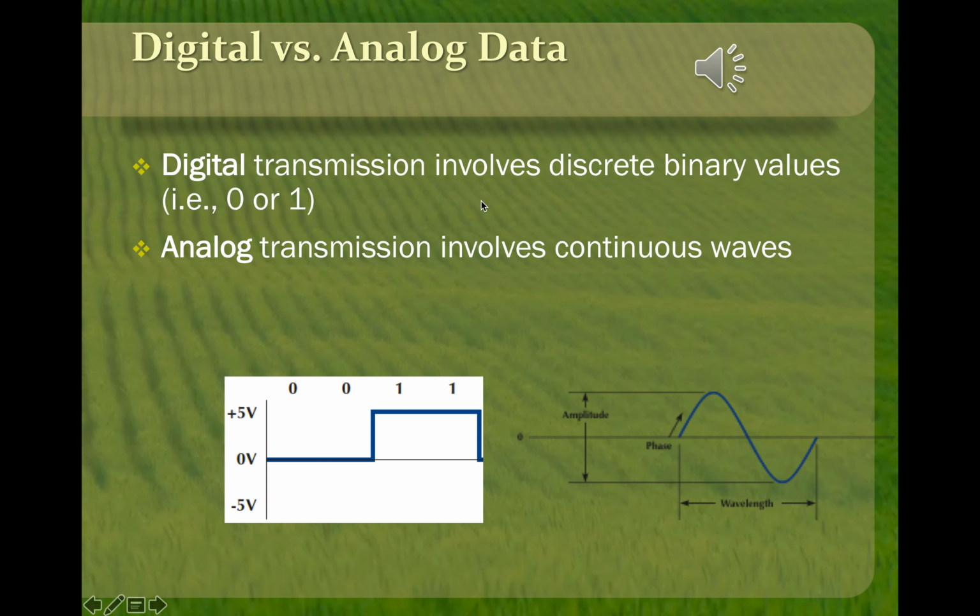There's a difference between digital and analog data transmission. Digital transmission involves discrete binary values such as 1 or 0, and specifically 1 or 0. When data is transmitted digitally, a 1 or a 0 will be represented and converted by the machine. Therefore, much more absolutes are determined, as opposed to analog transmission, which involves continuous waves which can be interrupted or interfered with.